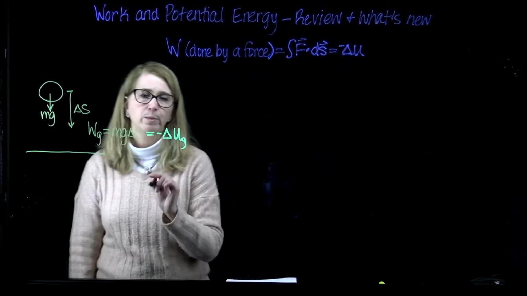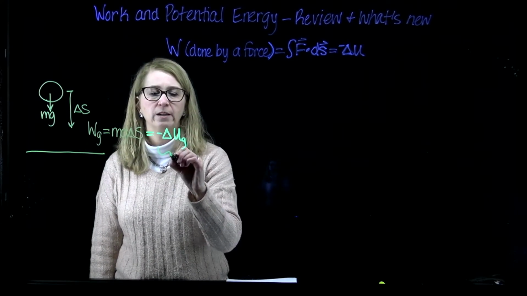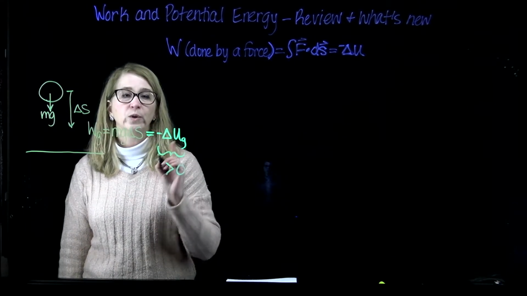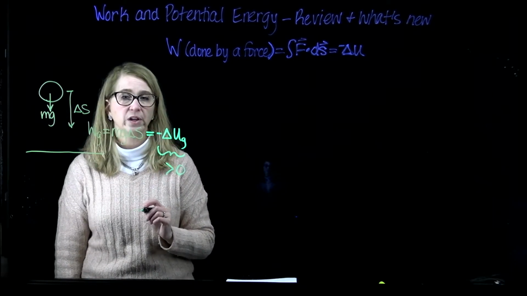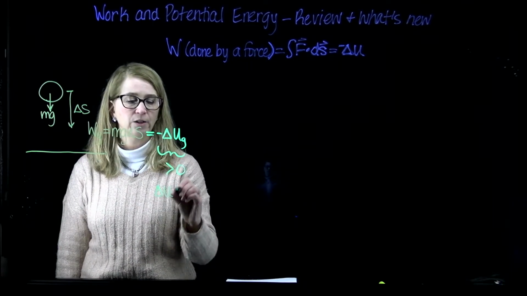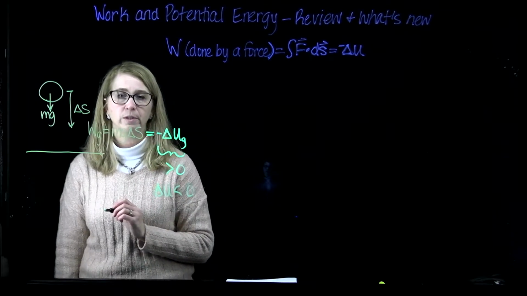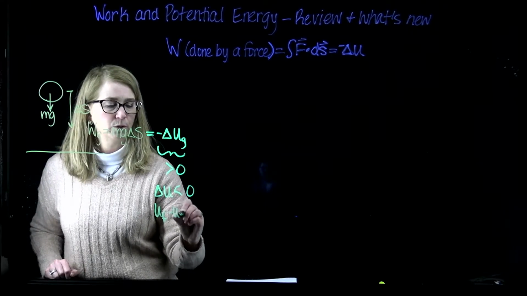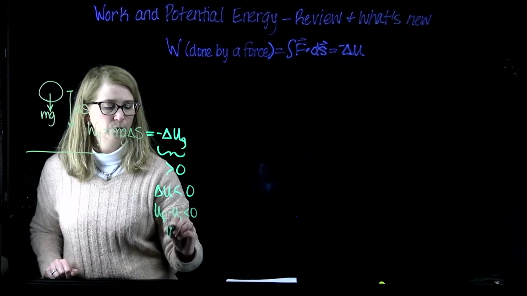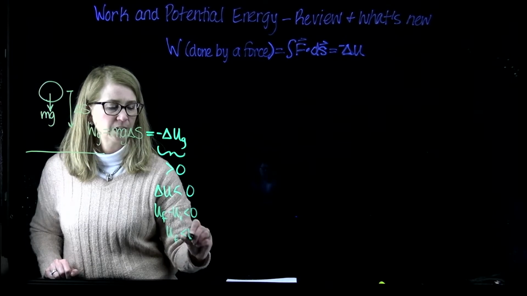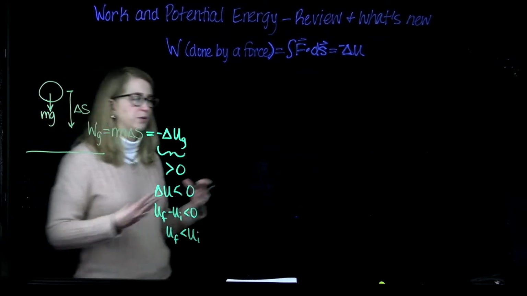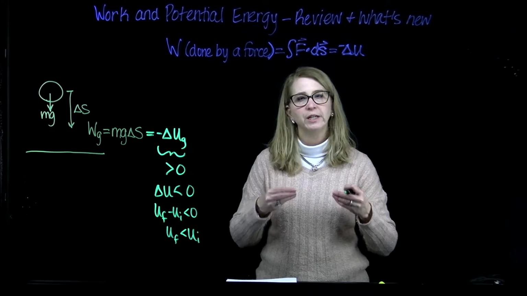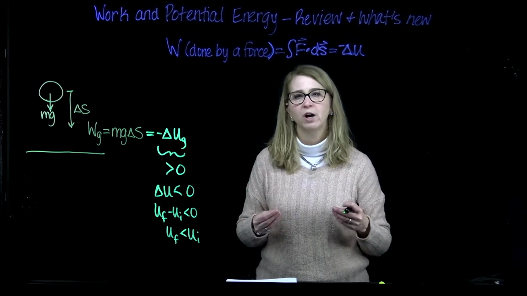Now, the work is positive, and so we know that altogether this term also has to be positive, which means, because there's a negative sign in front of it, that the change in potential energy also has to be less than 0, which means U final minus U initial is less than 0, which means the final potential energy is less than the initial. And so it really does reinforce this idea about what is happening and sort of the flow of energy during this process.